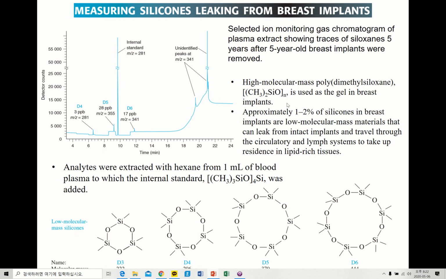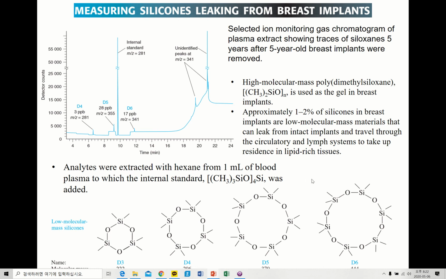The rest is the high molecular mass material, but that 1 or 2% of low molecular mass materials can leak from intact implants and travel through the circulatory and lymph systems to take up residence in lipid-rich tissues. So some of these compounds leak, and they stay in the lipid-rich tissues.